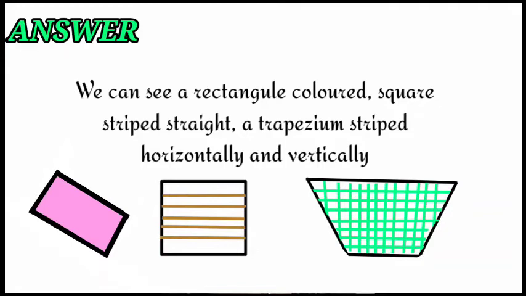How can a square be changed into some other four-sided shape?